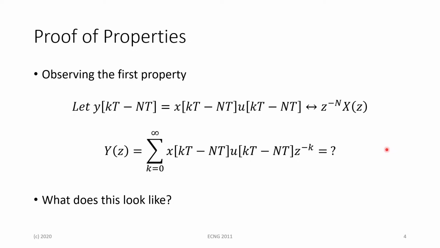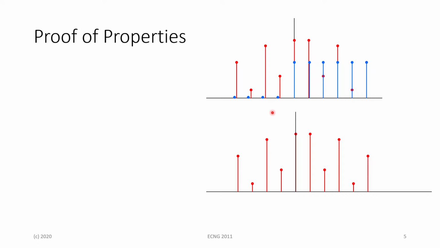So let's observe the first property in particular. If we let that entire shift of x and u here equal y of kt minus nt, representing that same interval shift, and we apply it to the Z-transform equation that we saw in yesterday's lecture, and we expand out this power series, what this looks like is basically if we have our x of kt by u of kt signal here, where our x of kt signal is represented by these red stems and the u of kt signal is represented by the blue stems, when we do this multiplication, everything that was on the left-hand side here will be multiplied by 0 because of the nature of the unit step in discretized time.